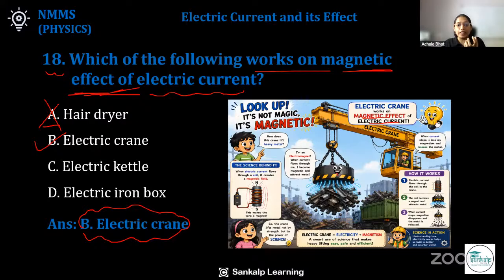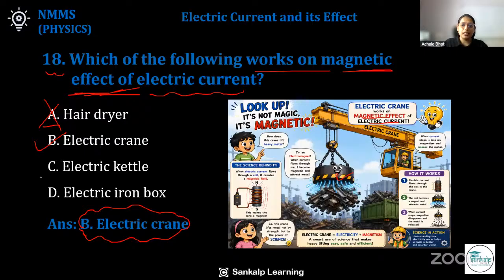It acts like a magnet and attracts ferromagnetic materials like iron, cobalt, nickel. Then when current stops, it releases all these metals. Thus it works on magnetic effect of electric current.